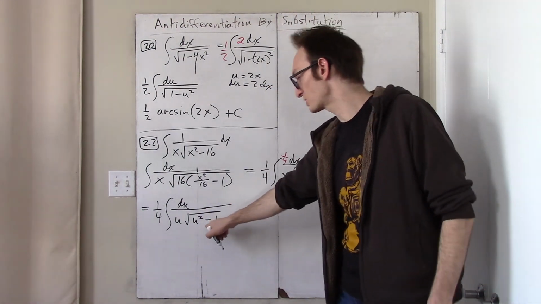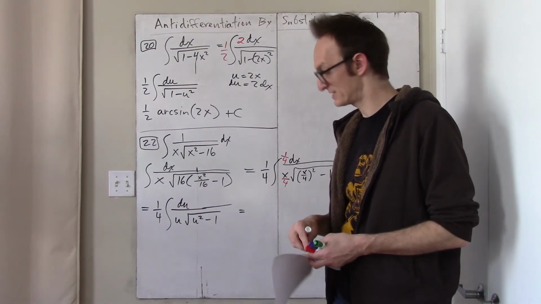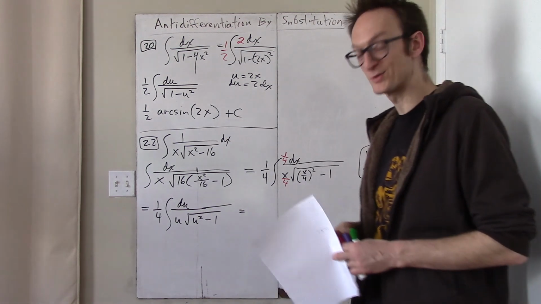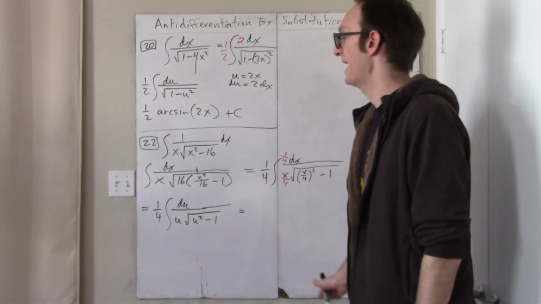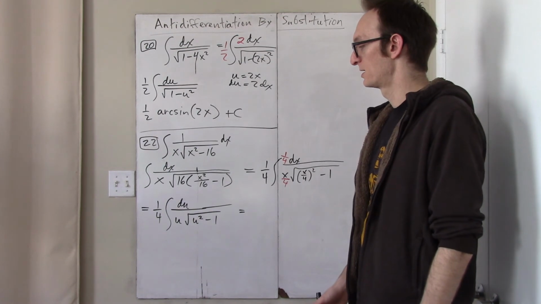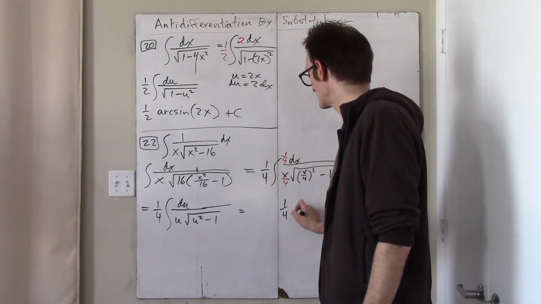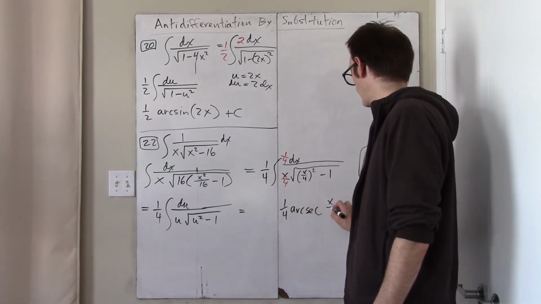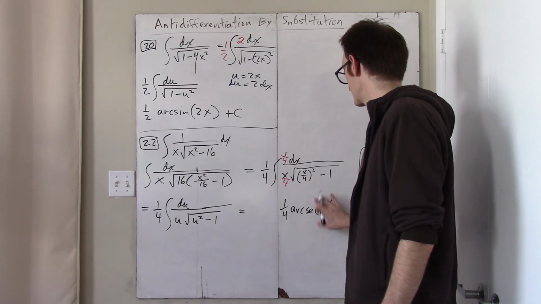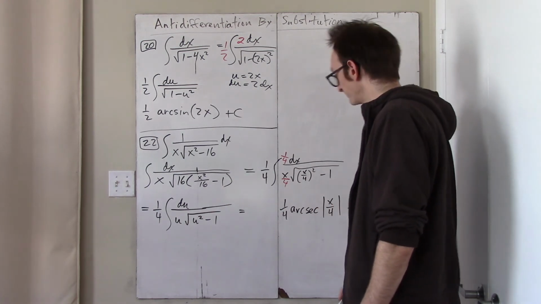It is by previously figured out rule, 1 over u root u squared minus 1 is the derivative of arcsecant. And that's why this is 1/4 arcsecant u, or arcsecant x over 4. And for complicated reasons, we got absolute value in here as well, plus c.